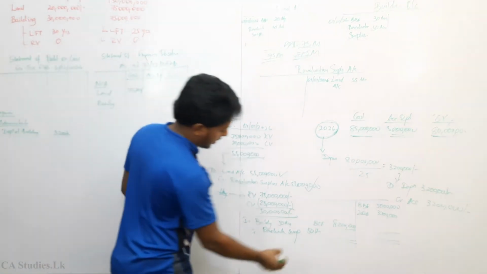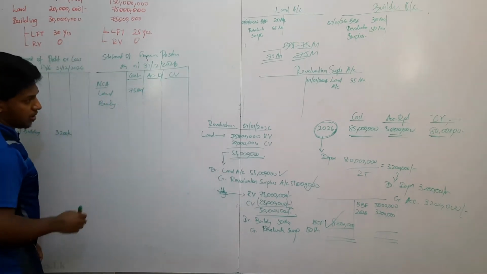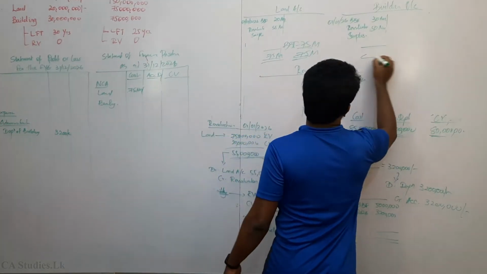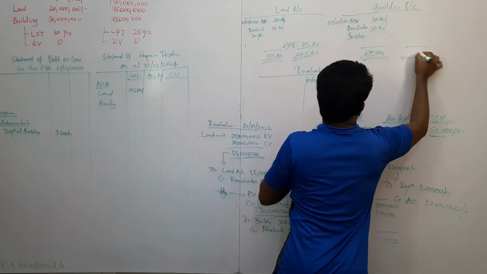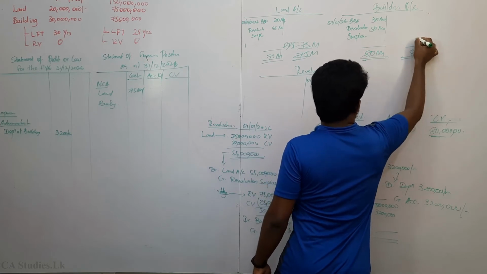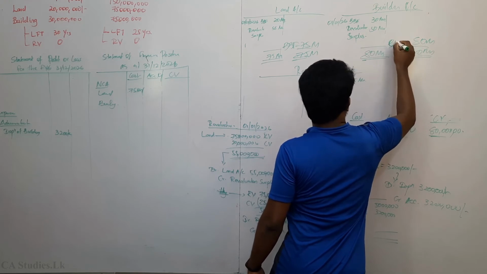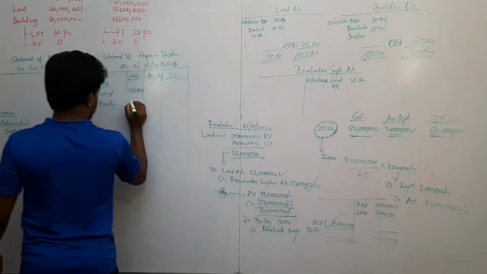Close this now. Right, 8.2 million. Now take the building. Building is 80 million. Brought forward balance is 80 million. Carry forward balance is 80 million.